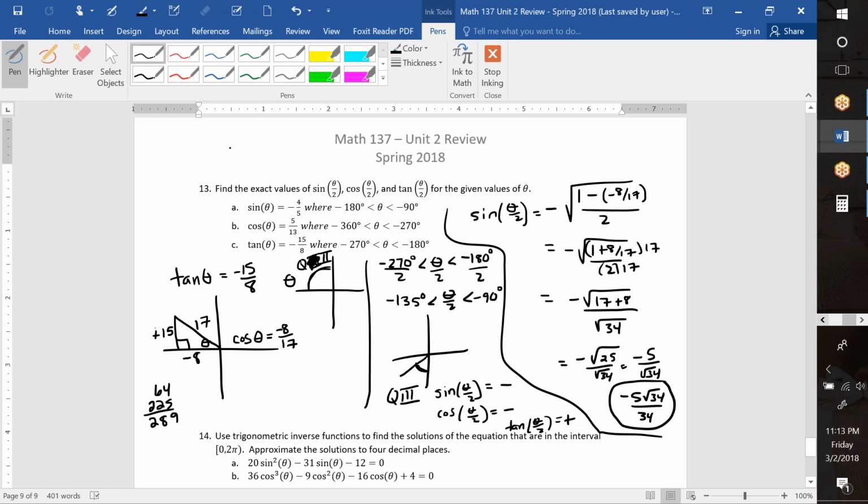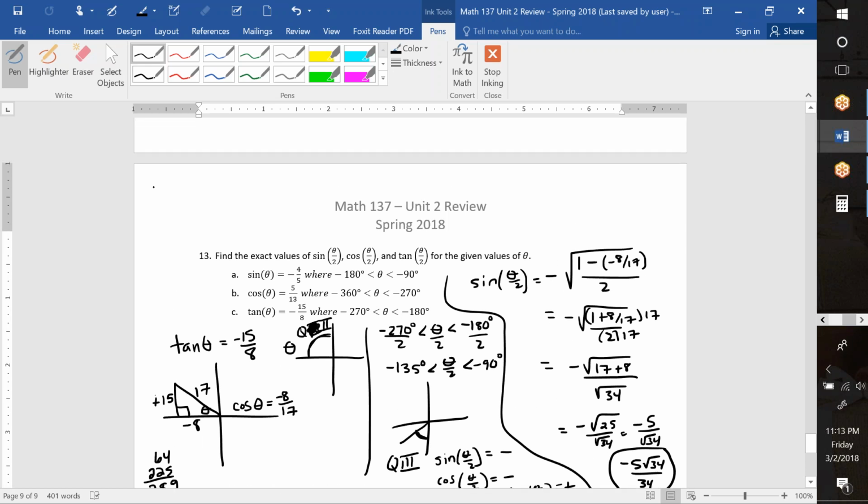And I'm going to have to write my other ones somewhere else because that took a lot of room. Maybe we can write them up here. So cosine of theta over 2 is going to be negative as well because of what we analyzed about the half angle. And then that's square root of 1 plus cosine, which was negative 8/17 for my theta, over 2.